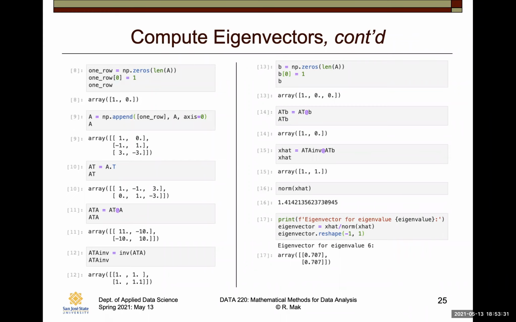X hat then is 1, 1, and then we normalize it, and after normalizing 1, 1, we get this, the normalized eigenvector corresponding to the eigenvalue of 6.